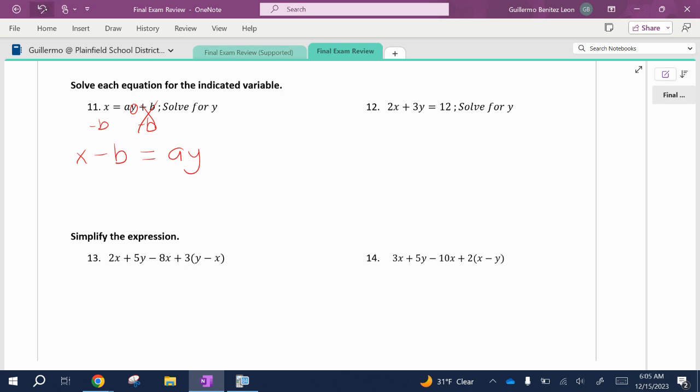So to get rid of multiplication, I'm going to divide. What I do there, I do there. So my answer, X minus B over A equals Y. Or if you're not comfortable with it like that, I'm just going to flip it. Y equals, I put that first, X minus B over A.